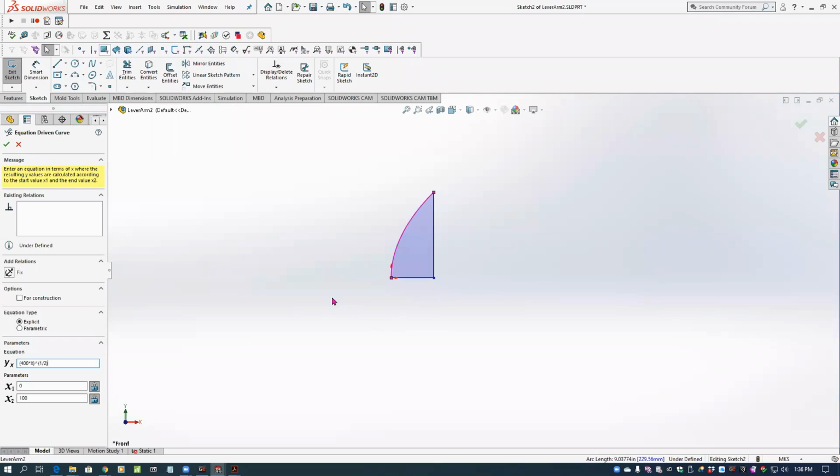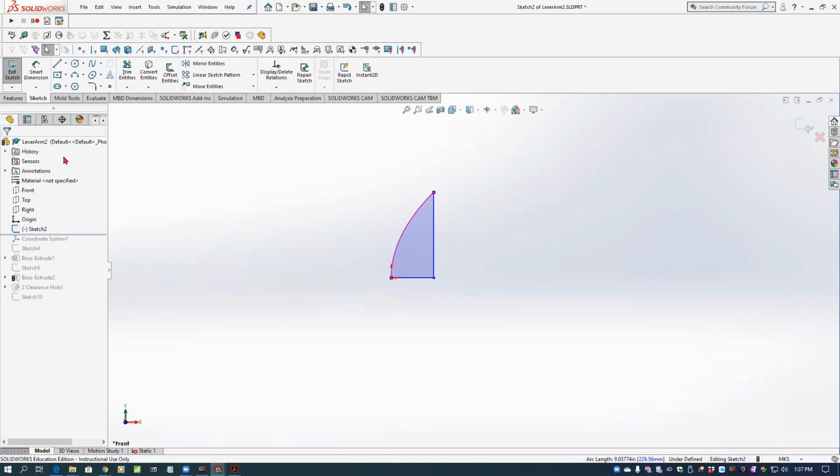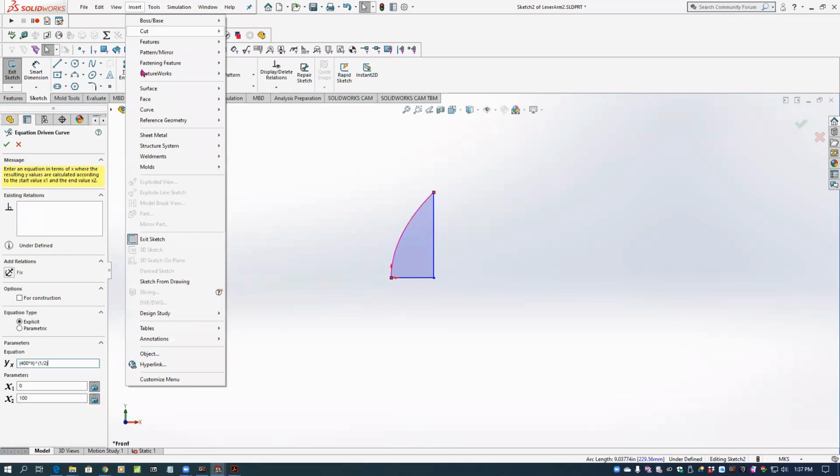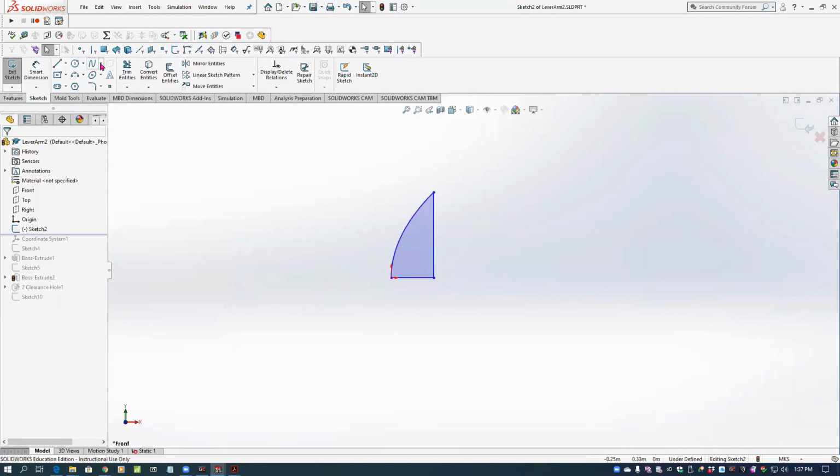Okay, let's demonstrate the stress analysis of that cantilever in SolidWorks. And to create that cantilever, I sketch on the front plane, and in that sketch, I go to the spline, the equation-driven curve.